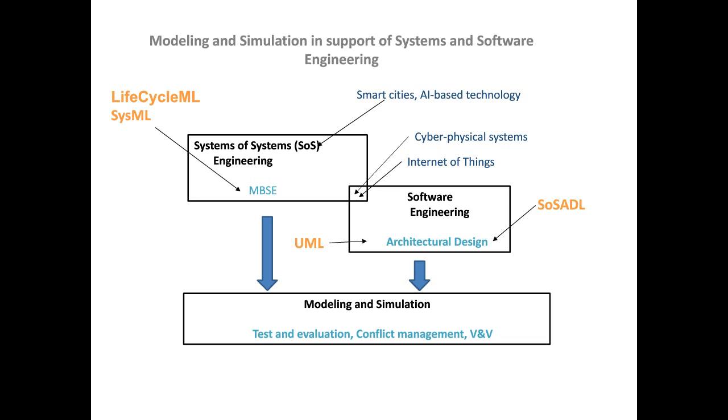And UML is very well known as Universal Modeling Language, or Unified Modeling Language. And also from the systems engineering people, system of systems architectural design language is an example.